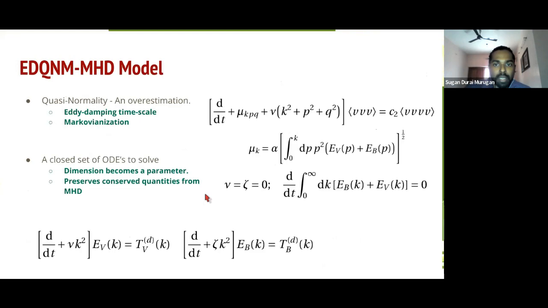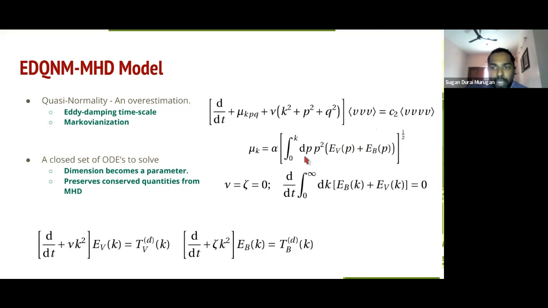So we get the set of equations for that, and then as formulated in the original EDQNM, the quasi-normal is not sufficient for the realizability of the model. One has to introduce eddy viscosity, because we are overestimating the third order moment in the quasi-normal assumption.